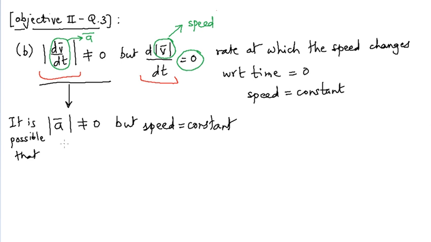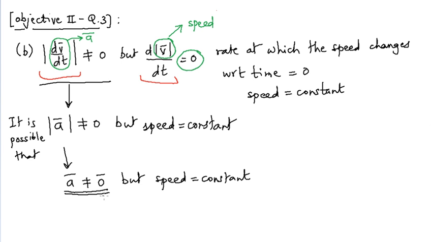Now we can even simplify that further. When you say that the magnitude of the acceleration is not equal to 0, it essentially means that the acceleration is not equal to 0 bar. So it's possible to have a situation where the acceleration is non-zero, but the speed is not changing, that is, it is a constant. Now if you look at this first statement, the acceleration is not equal to 0 bar.